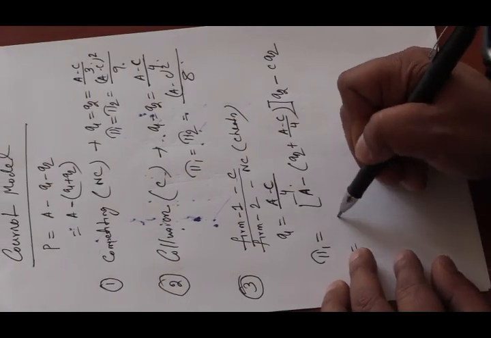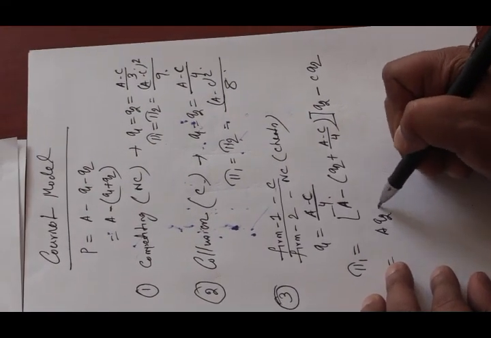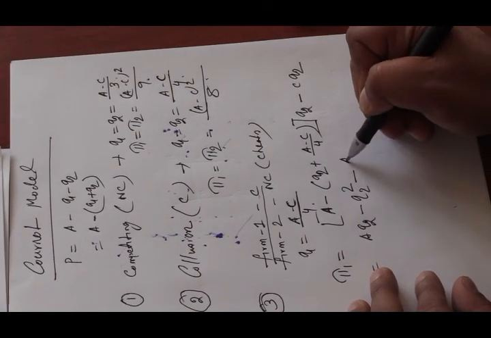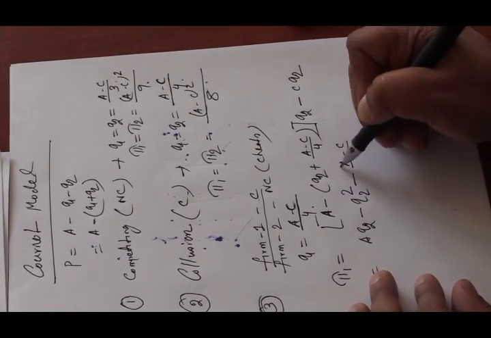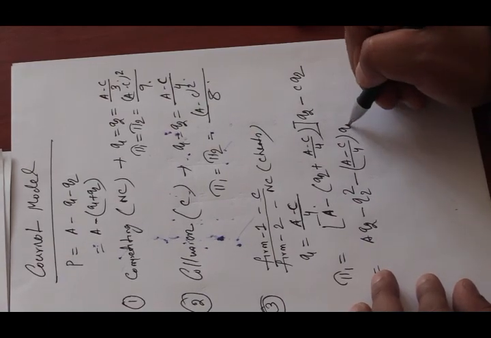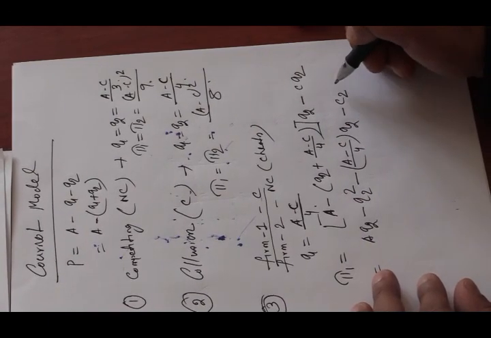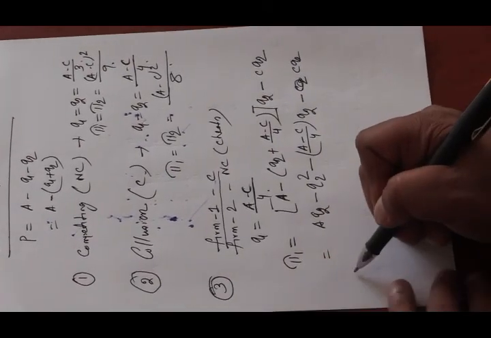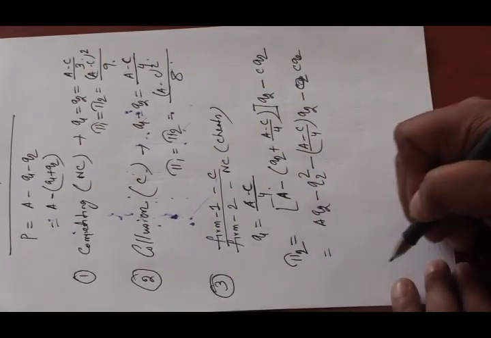So it will be AQ2 − Q2² − ((A − C)/4) Q2 − CQ2. Sorry, this will be π2.